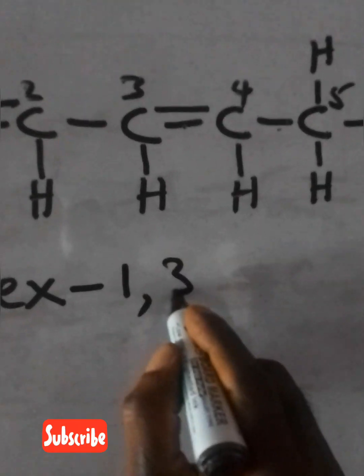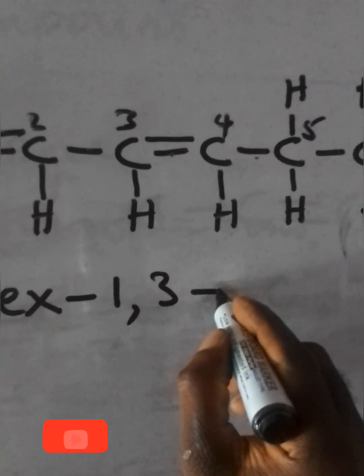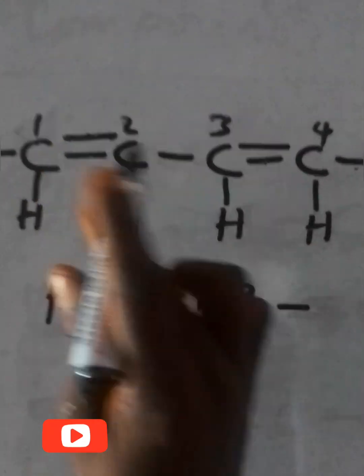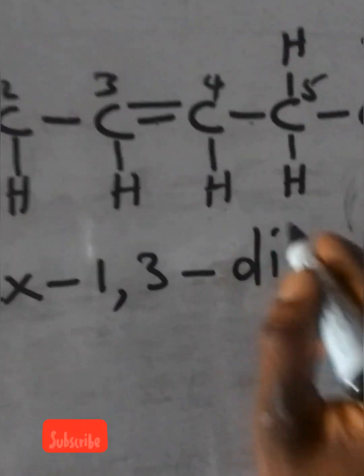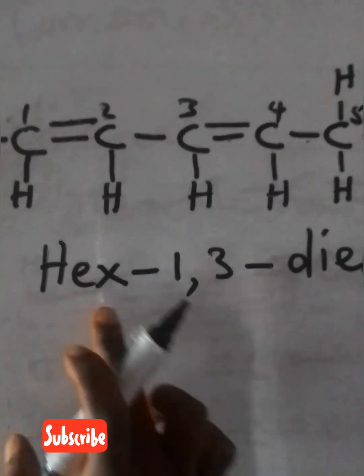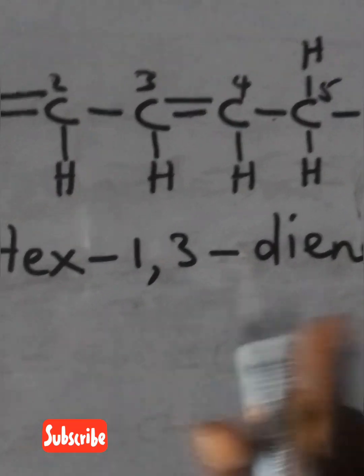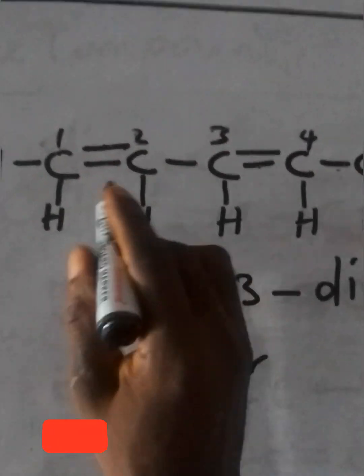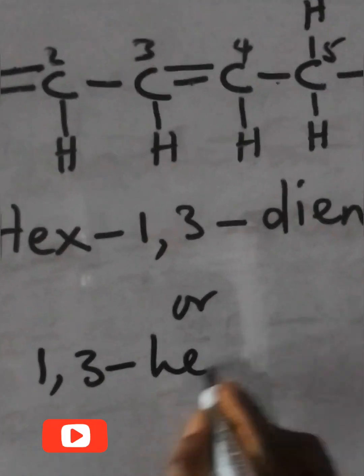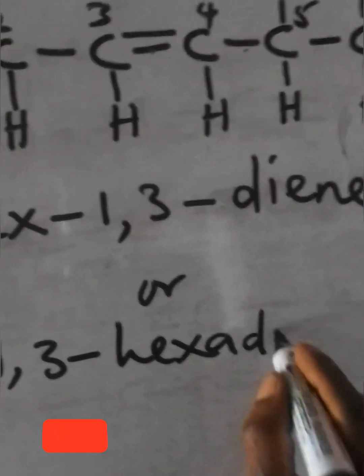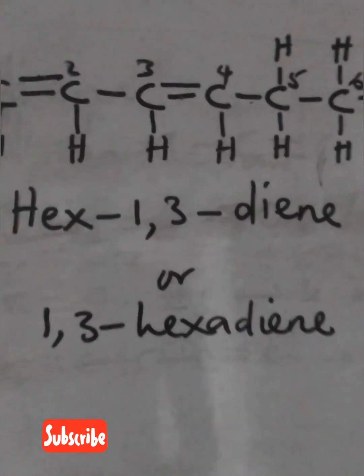Hex-1,3, hyphen. Then the ene there means double bond. There are 2 enes, so it means diene. The name is hex-1,3-diene. You can name it like this by mentioning the 2 positions of the double bond. 1,3-hexadiene. That's another way to name it.